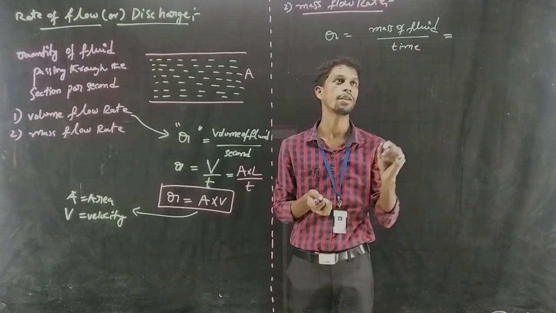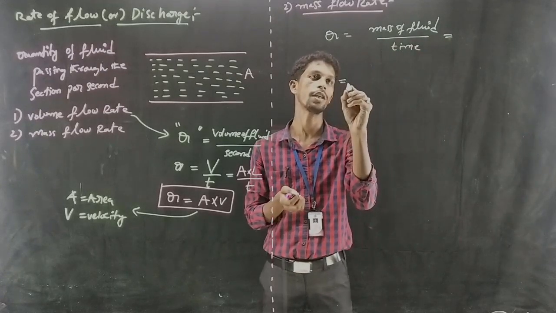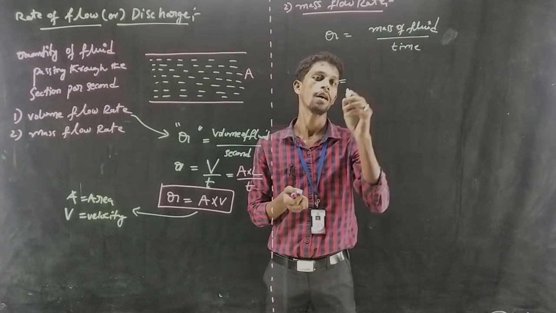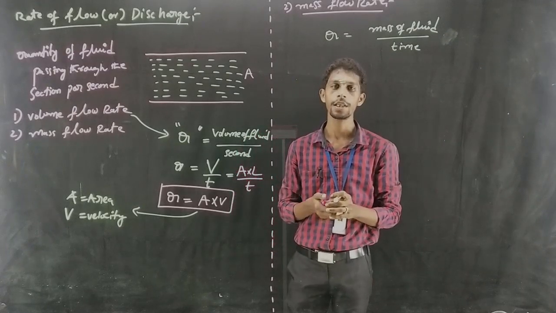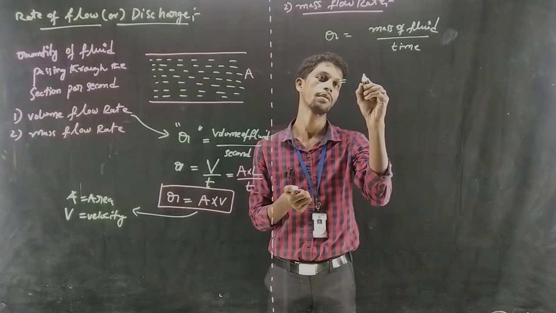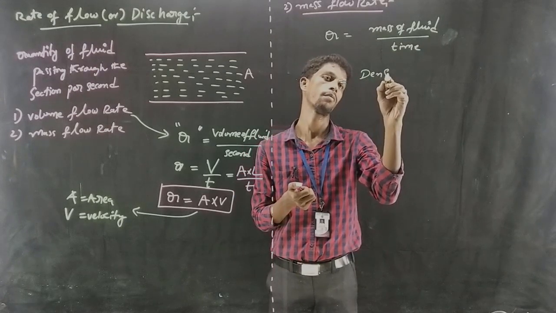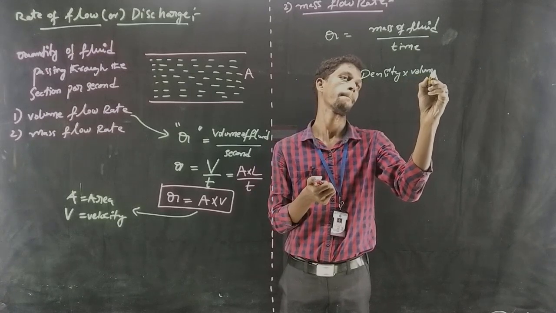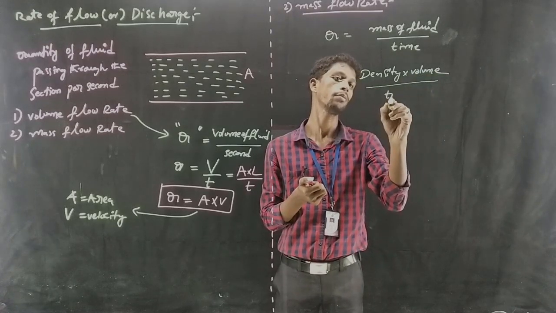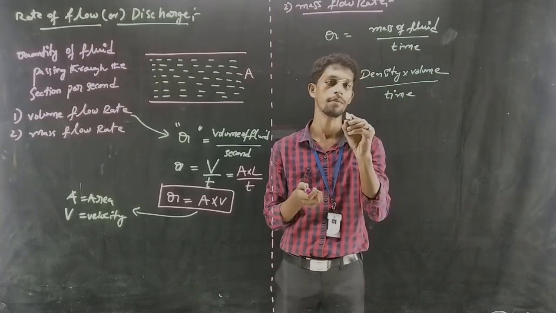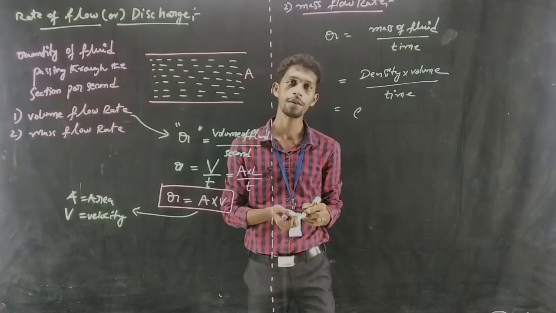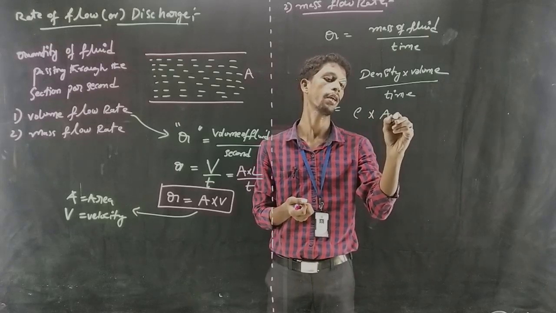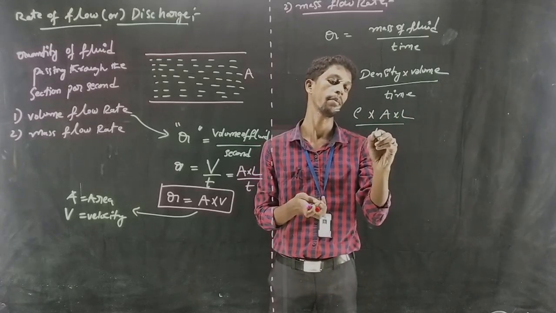So how do you denote this? Mass is equal to density into volume, divided by time. Density you denote with the symbol rho, and volume is area into length by time.